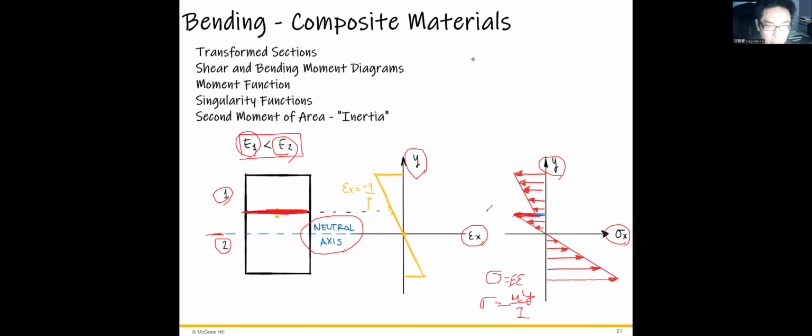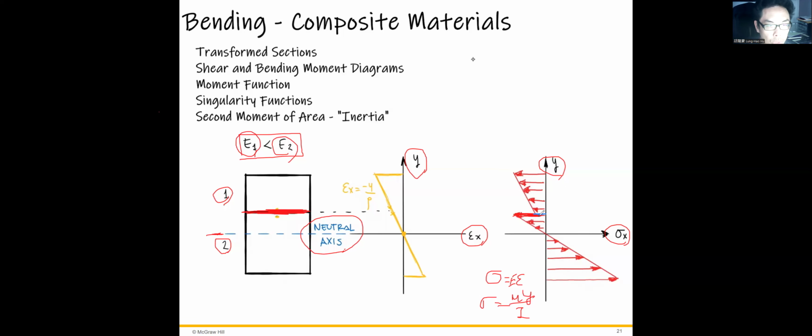The top surface of material two has higher compressive stress than the bottom surface of material one.